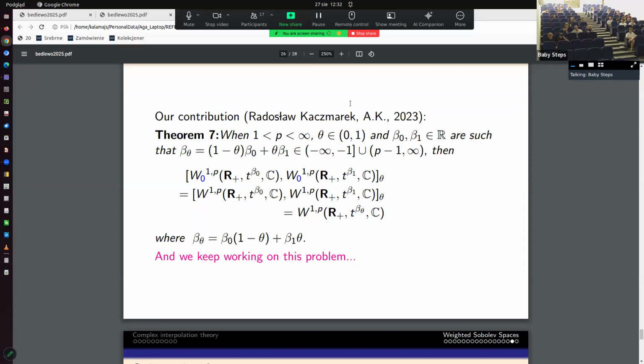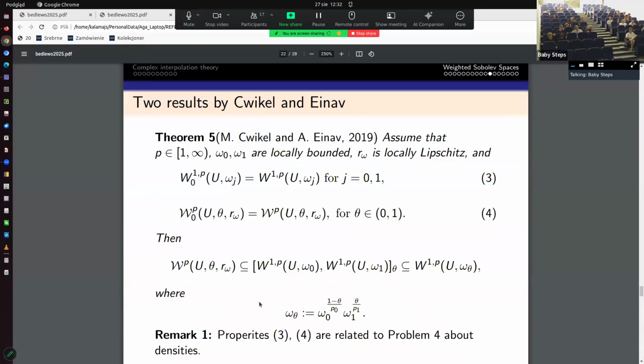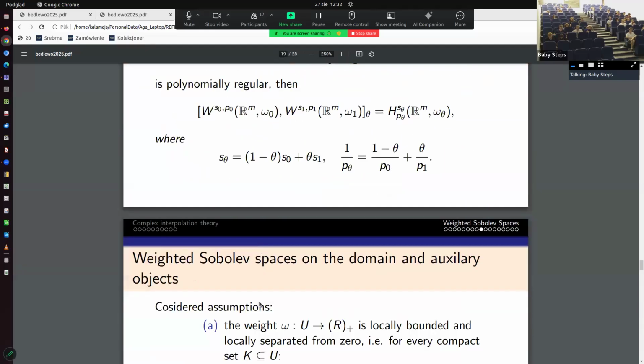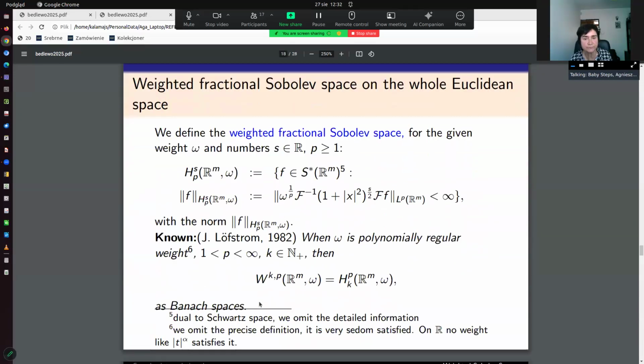And one more question. I always wondered, if you want to define this fractional Sobolev space, you need a Fourier transform, but the Fourier transform is naturally defined on the whole space. So is it possible to define fractional Sobolev spaces on bounded domains? Good question.